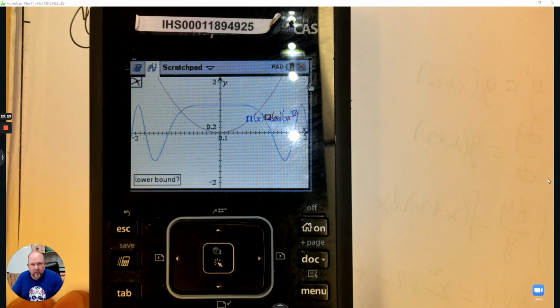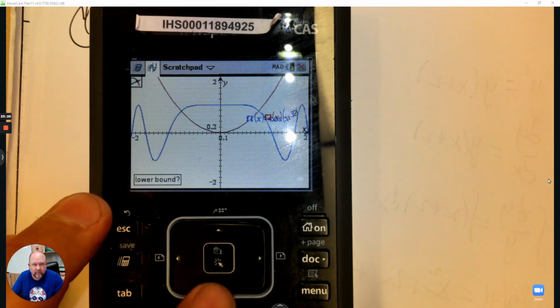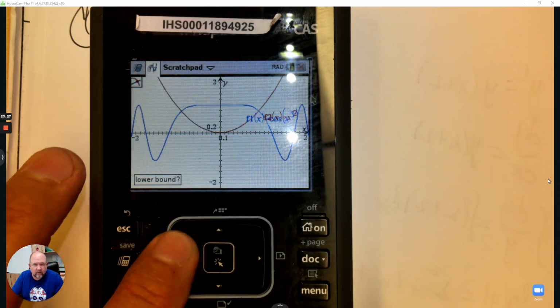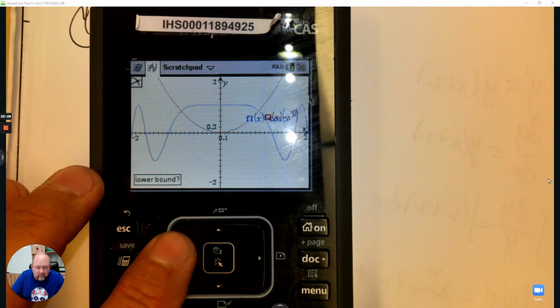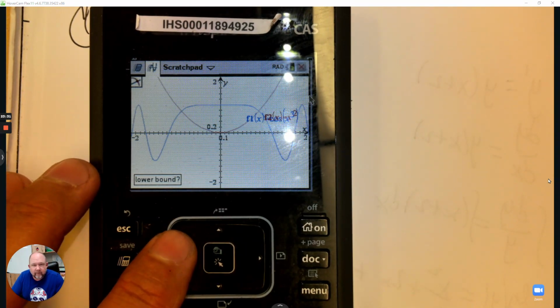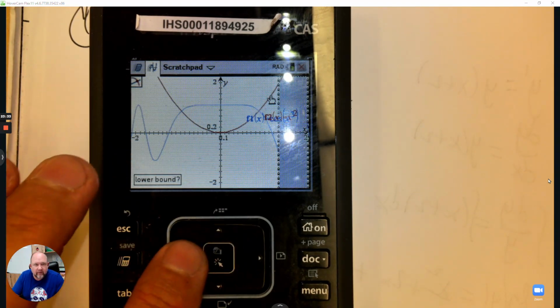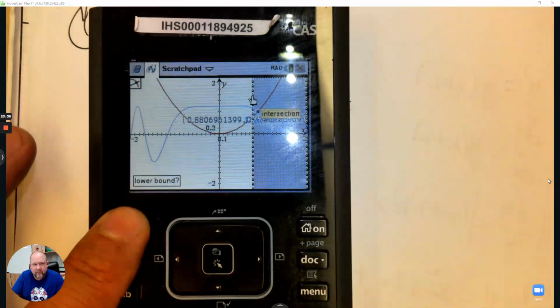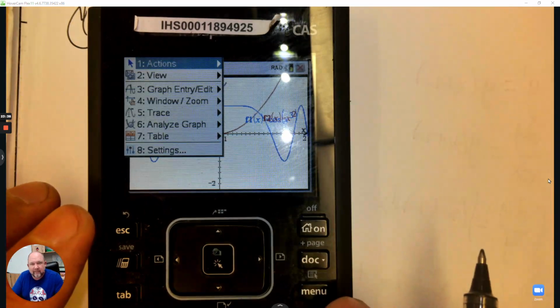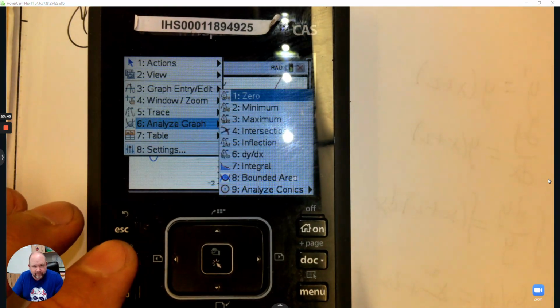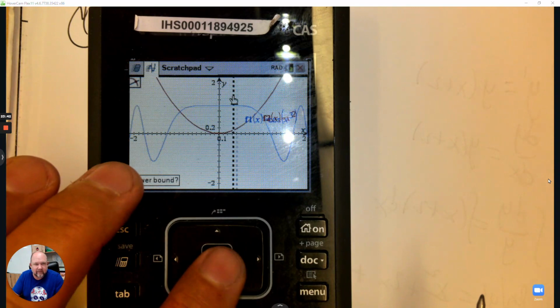And this is the lower... oh, there it is. I was trying to think, where is it? Oops, let me try this again. Menu, analyze, intersection. There it is.